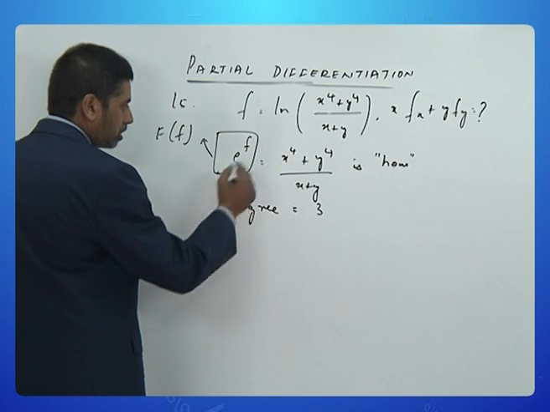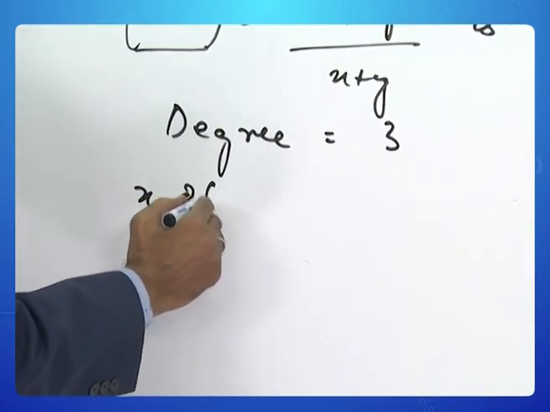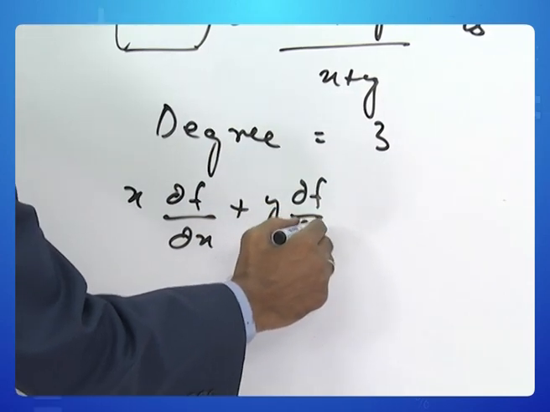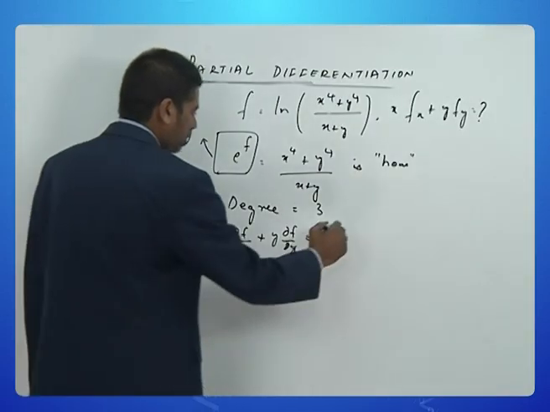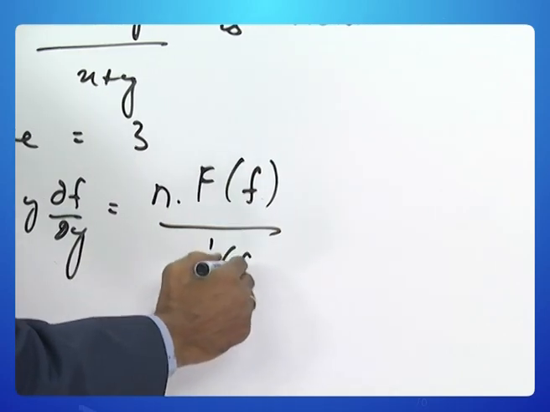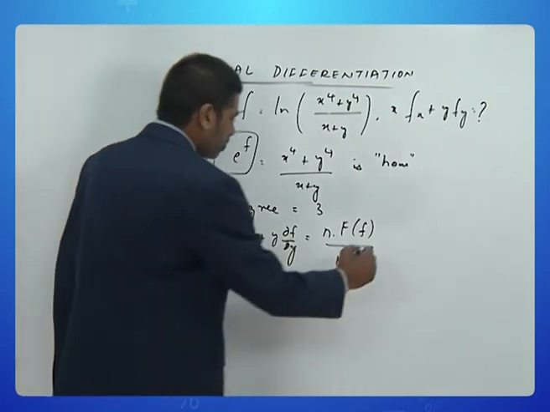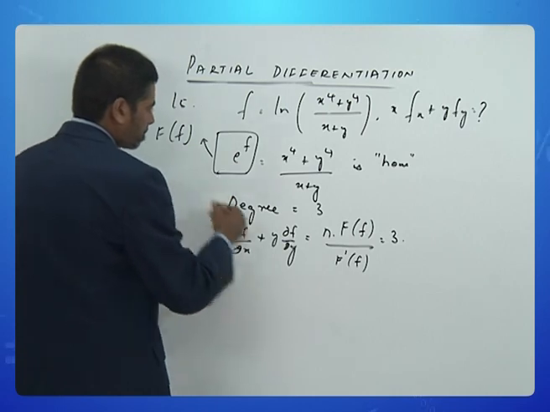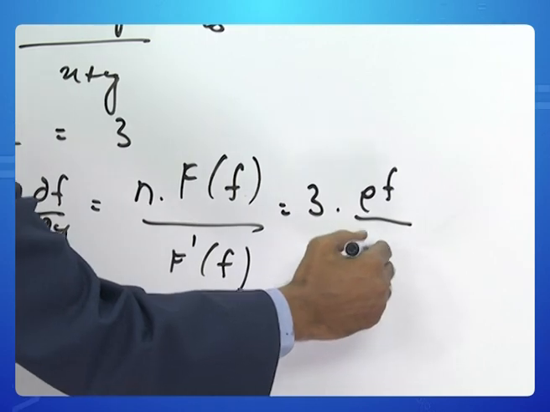So by the Euler's theorem extension, x dou f by dou x plus y dou f by dou y is equal to n into f of f by f dash of f. So in this case, n is 3, f of f is e power f, and the derivative of that itself is e power f.